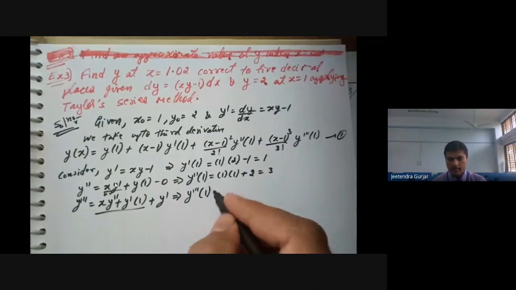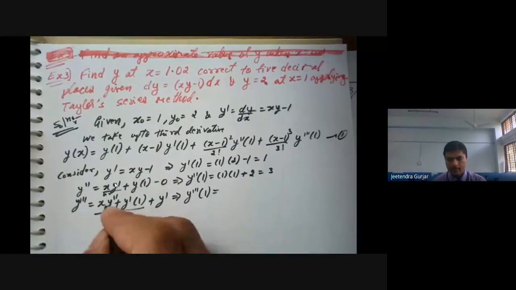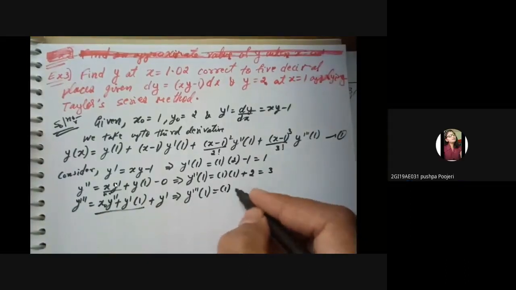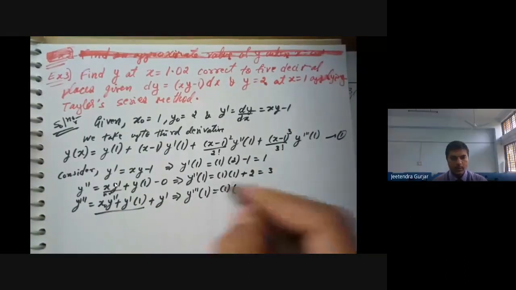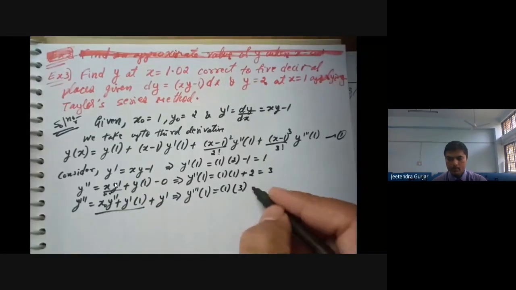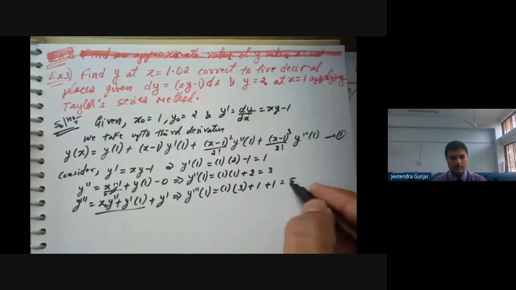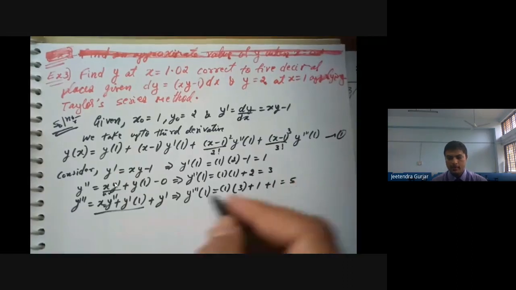So that implies y triple dash of 1. Substitute the values. X naught is equal to 1, y naught is equal to 2. So 1 into 3 plus 1 plus 1, it is 5. I think everyone has understood what is y triple dash. We have got here 5.